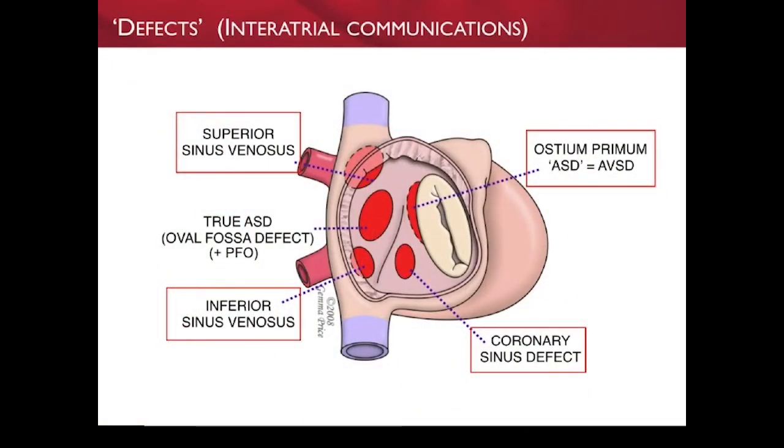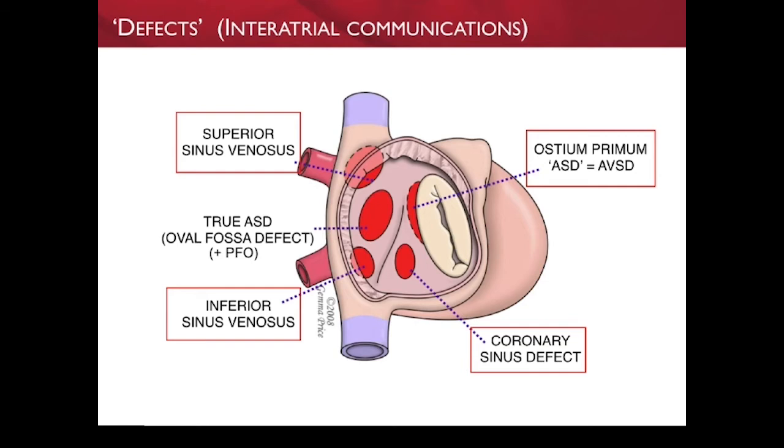Okay, let's look at some of the other types of communication between the atrial chambers, and you can see I've particularly emphasized that these are not strictly speaking defects of the septal tissue within the atrial septum. So these form interatrial communications, but embryologically these would have different sorts of origins.